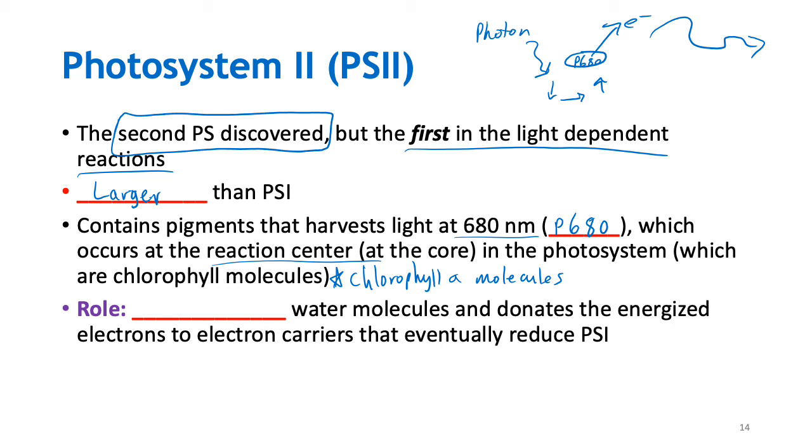Now the role of photosystem 2 is the oxidation of water molecules, aka it goes from H2O to O2, or 1/2 O2, I guess, and donates the energized electrons to electron carriers that eventually reduce photosystem 1. So number 1, it splits water to give you two H pluses and 1/2 O2.